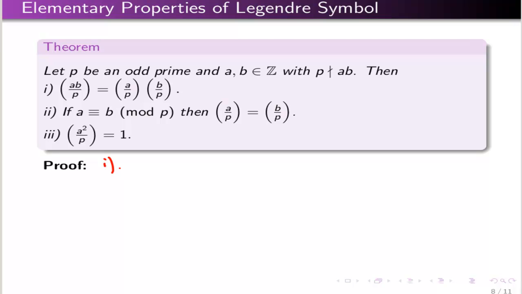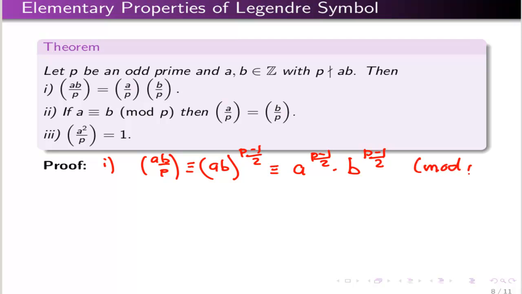And we'll just use the Euler criterion. So (ab over p) is congruent to (ab) to the (p minus 1)/2 power, which is congruent to a to the (p minus 1)/2 times b to the (p minus 1)/2, and this is all mod p.